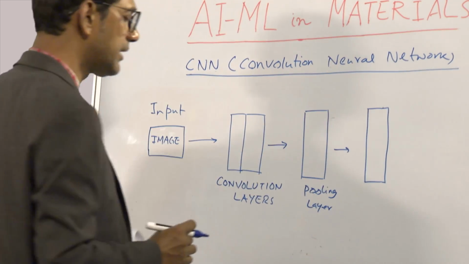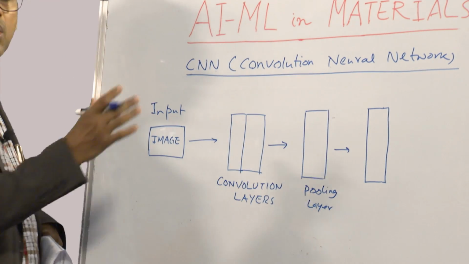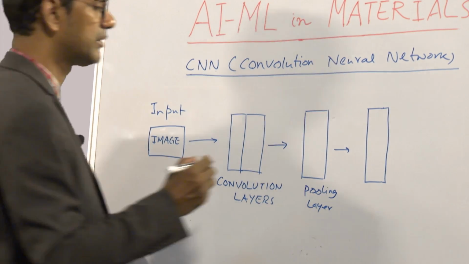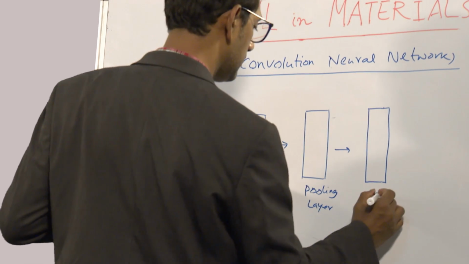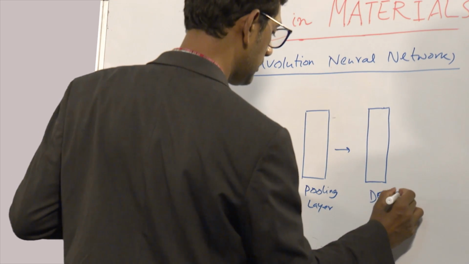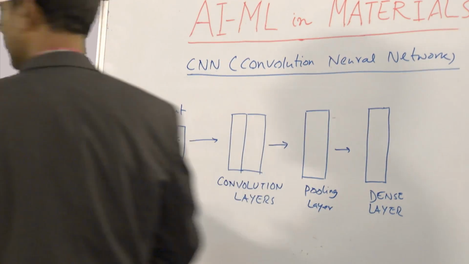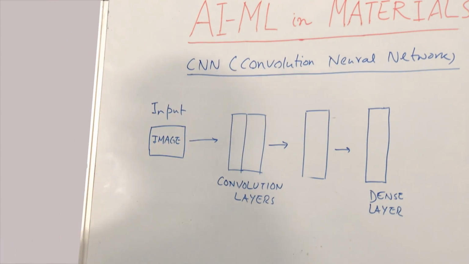The pooling layer is needed because, due to convolution, the amount of data will increase a lot, and you have to reduce the dimensionality. Then you have a dense layer. I think I should use capital letters so that you can see from a distance.